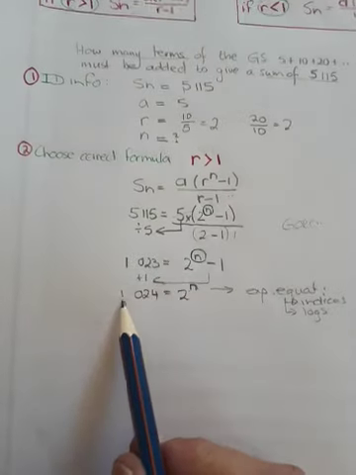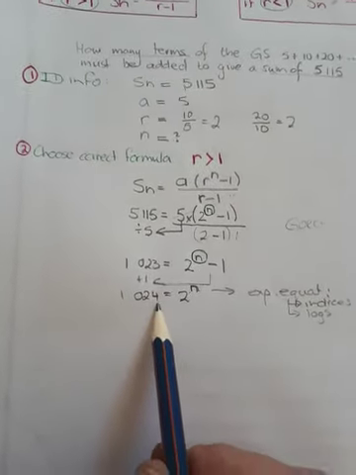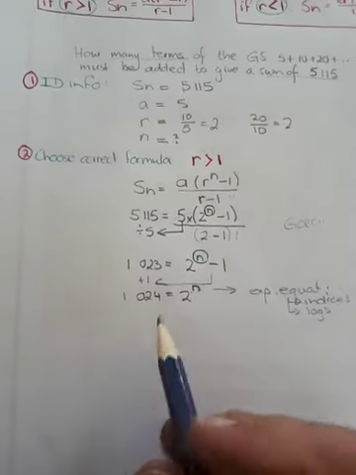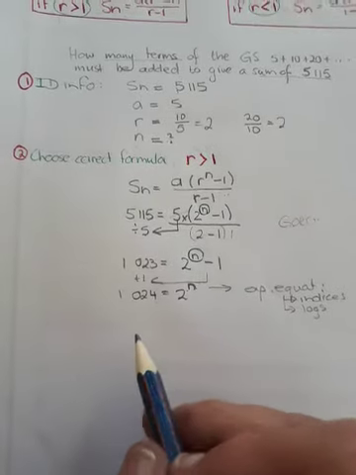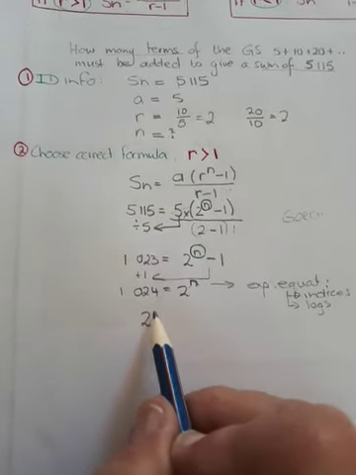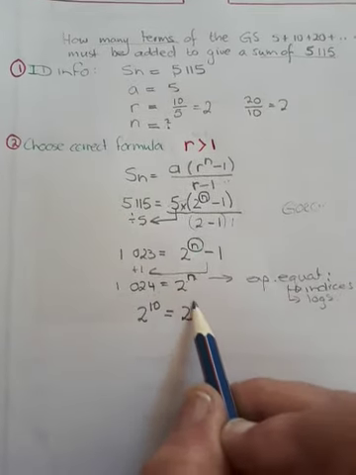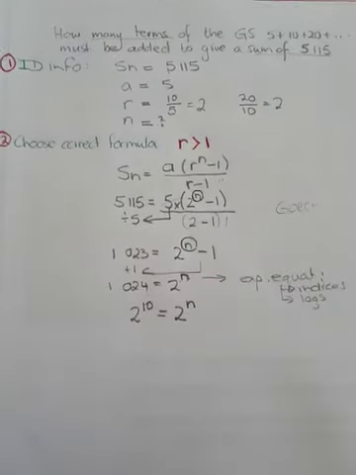So firstly, I will find prime factors for 1024. And that I can do on my calculator with a factorization key. This is 2 to the power of 10. So that equals 2 to the power of n. Okay.